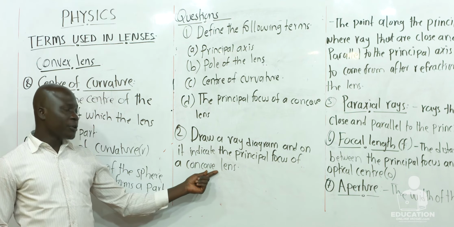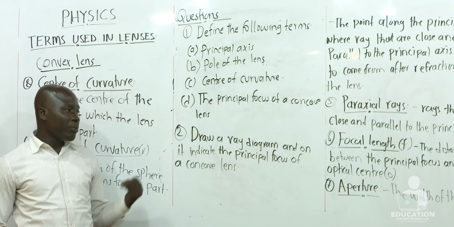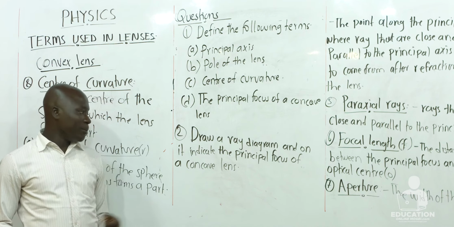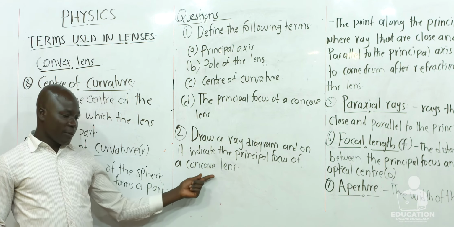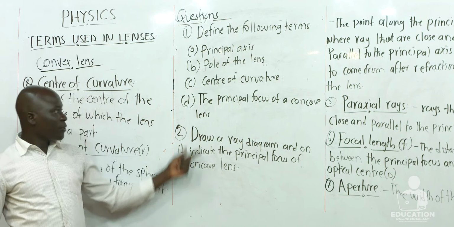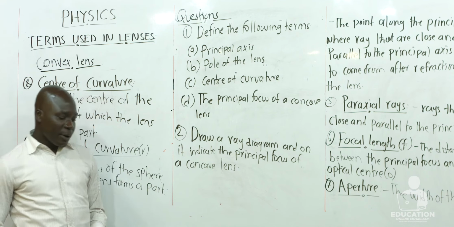It is not real because the rays appear to be coming from that point, but in actual sense the rays do not come from that point. So these are the questions that you can be asked.